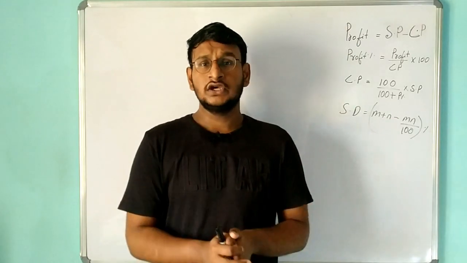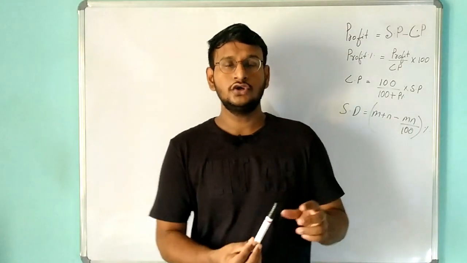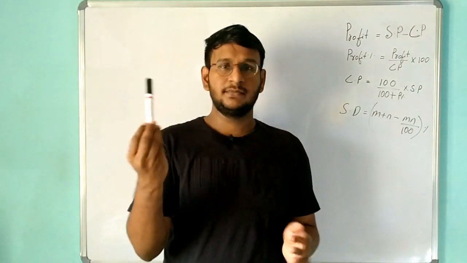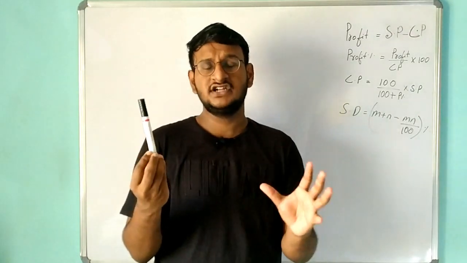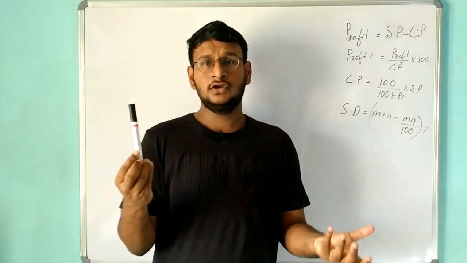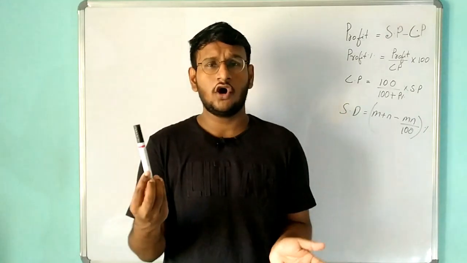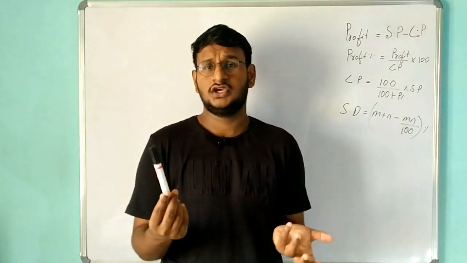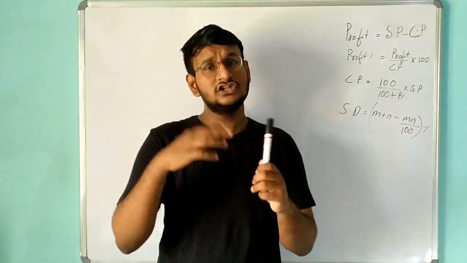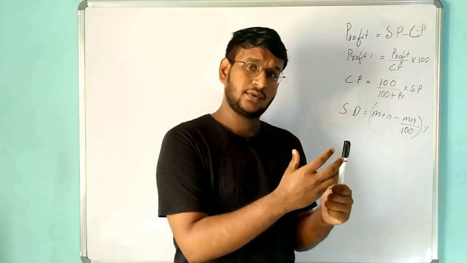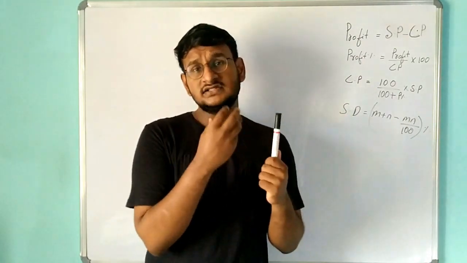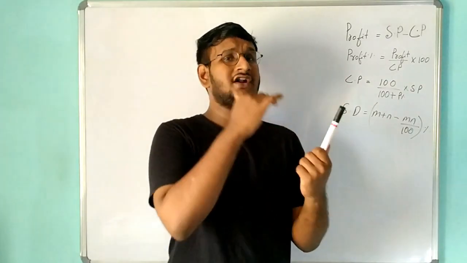So what is discounting? If a salesman has fixed a price to sell a pen, for example this pen, for rupees 100, and the customer comes into the shop and asks for a discount of around 5% or 10%, then the salesman will think about his sales and discount the selling price by 5 or 10%, and sell this pen for the remaining 90 or 95%.